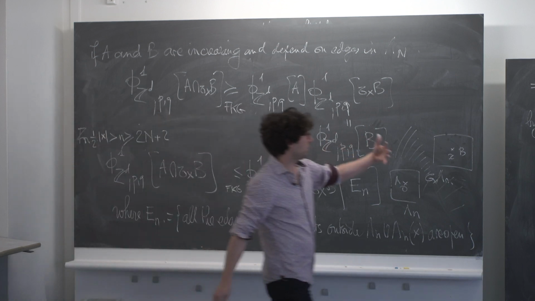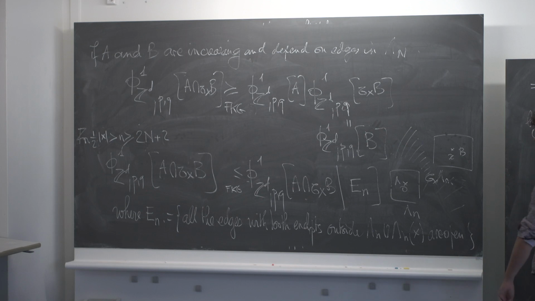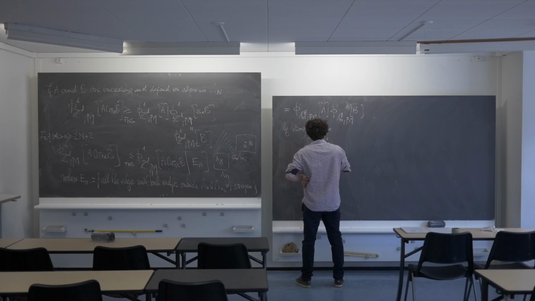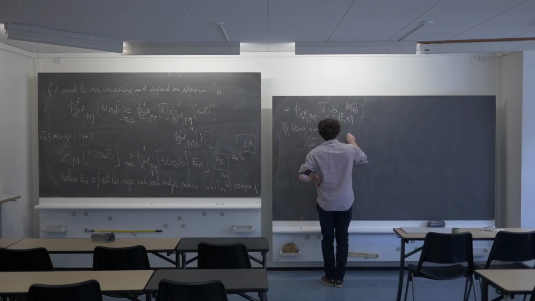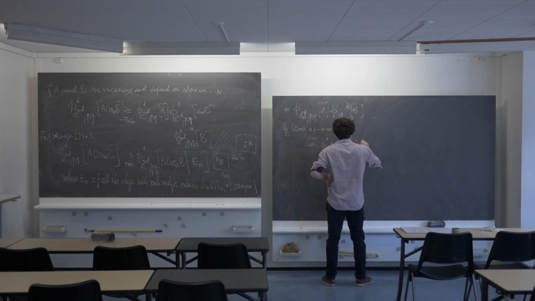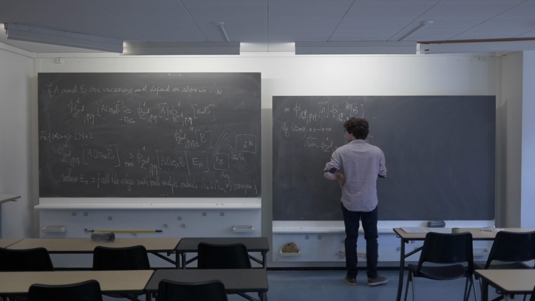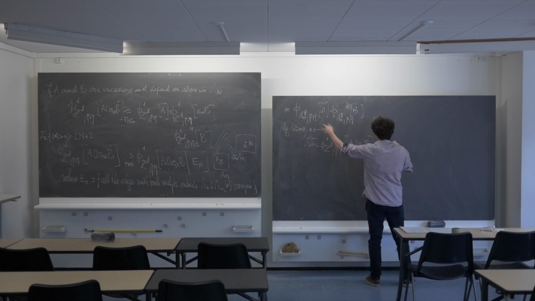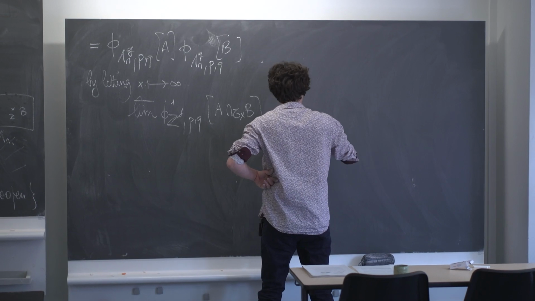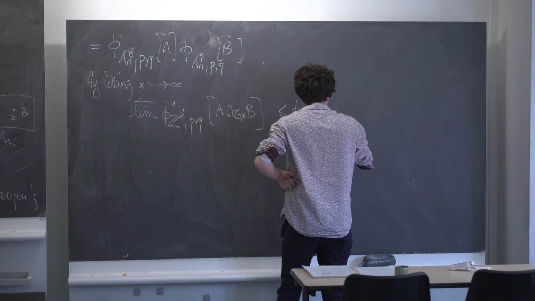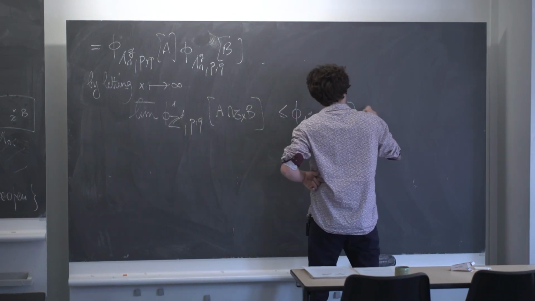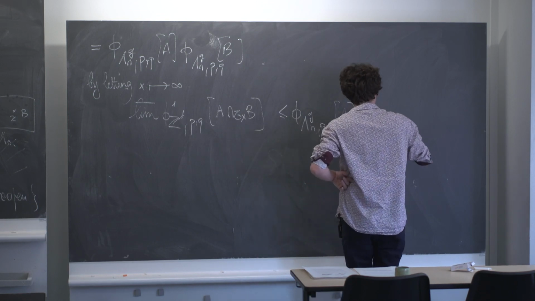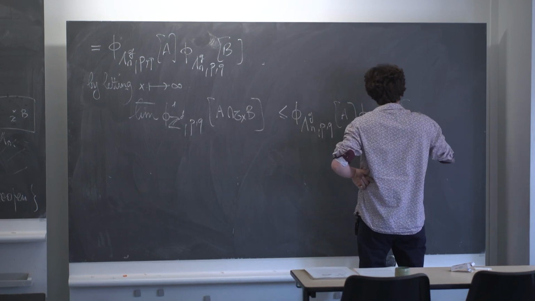So if x is sufficiently large, so when x tends to infinity, I end up with the fact that the lim sup, this time, of phi 1 zd pq of A intersected with tau x of B is smaller or equal to phi lambda n ghost pq of A phi lambda n ghost pq of B.